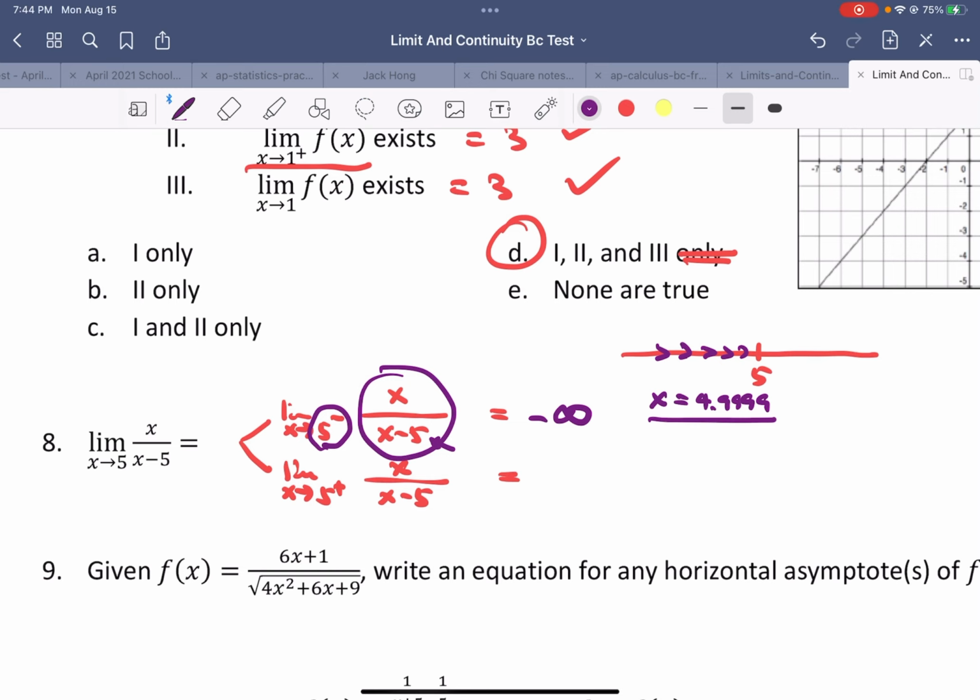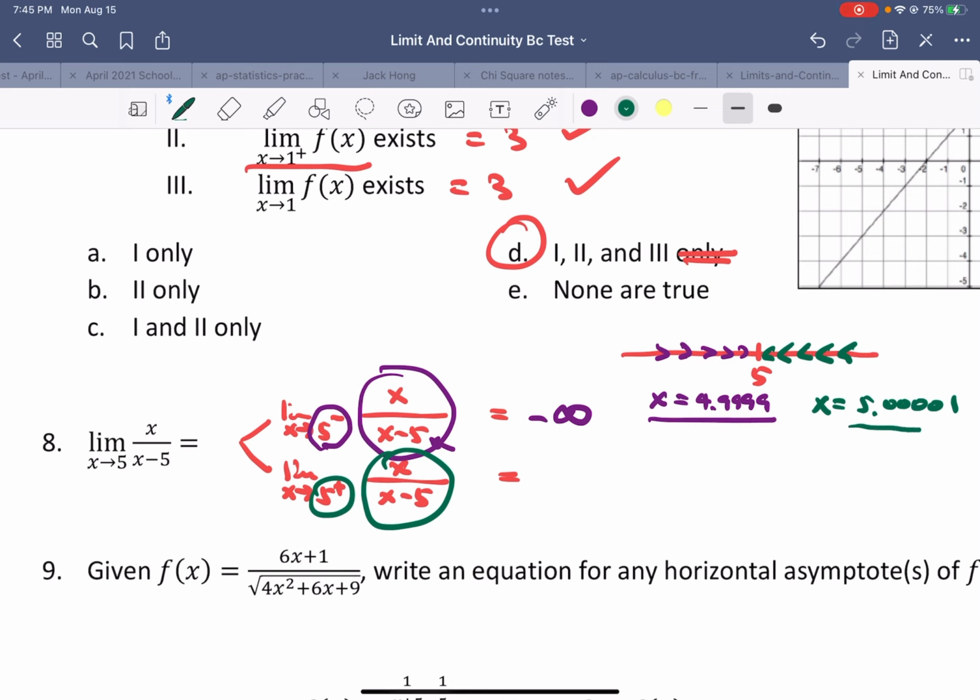Okay. What about from the positive side? Now, this one approaches from here, so x is a little over 5, like 5.000001, for example. That one is from the positive side, the right hand side. So this one will also be 5 over 0, that's infinite.